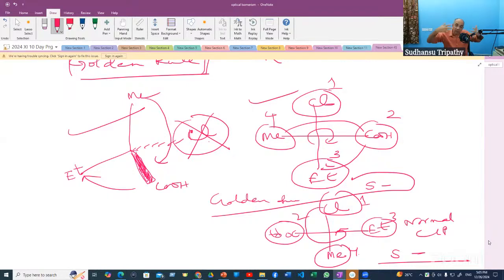And then I will also tell you another zigzag line structure to represent or depict the configuration. Nowadays this is more popular, the line structure, the zigzag structure, that also I will tell you.